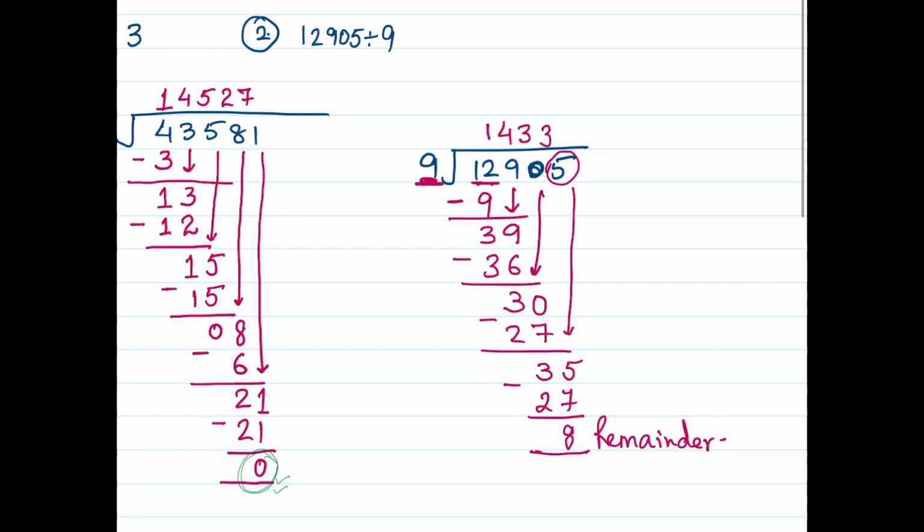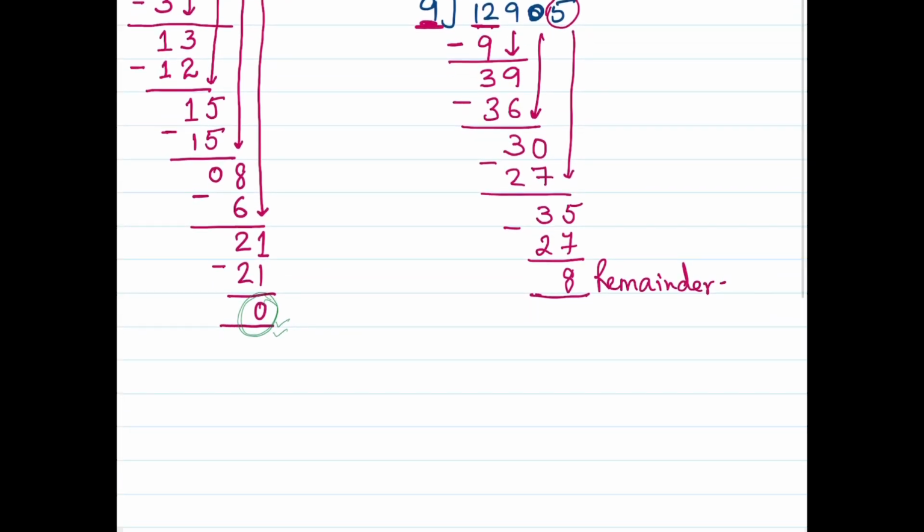So how do we write this? The question was 12,905 over 9. I'm sure you know that division can be written as a fraction as well. So 12,905 divided by 9, if you write it like this or as a fraction, is the same thing, right?